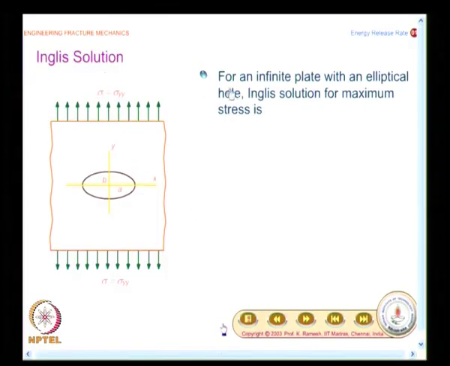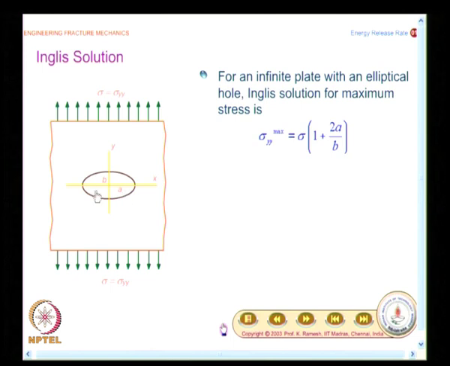For an infinite plate with an elliptical hole, the maximum stress is given as sigma into 1 plus 2a by b. Many aspects in fracture mechanics come from your problem of elliptical hole. When you take an ellipse, you take the major axis as 2a and you also label the crack length as 2a.